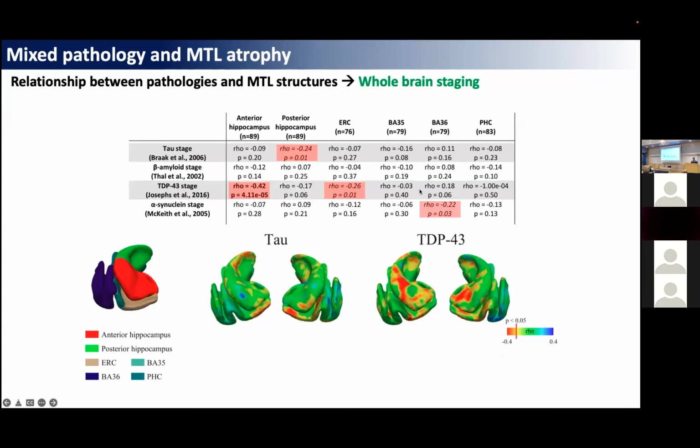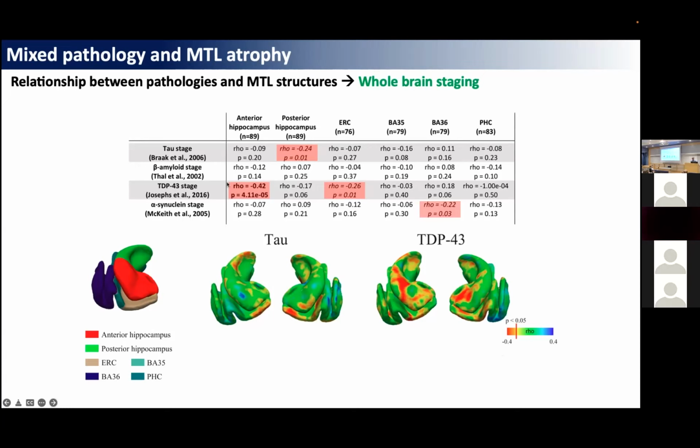We did exactly the same thing using whole brain staging, and we also found that tau stages were negatively associated with volume of the posterior hippocampus, and TDP stages were negatively associated with the anterior hippocampus and the thickness of the entorhinal cortex. Also, higher alpha-synuclein stages were associated with thinner BA36.